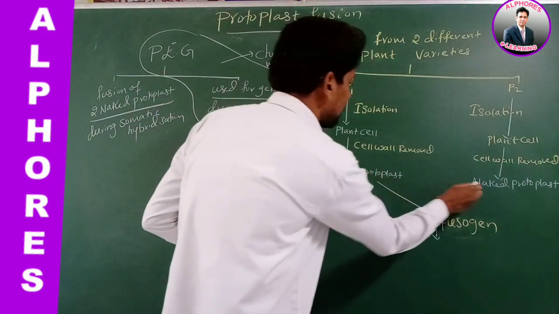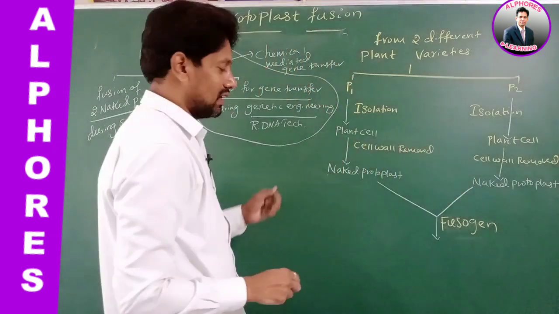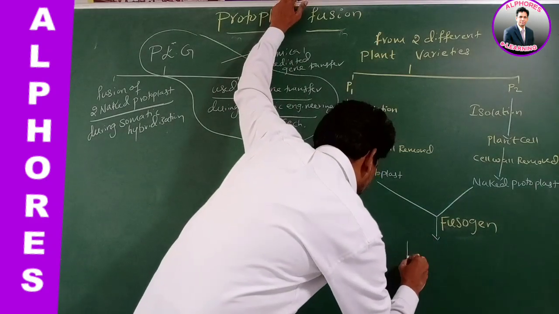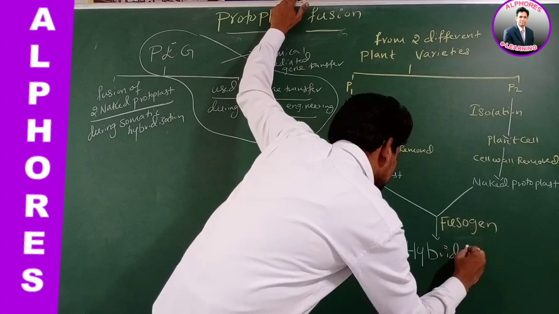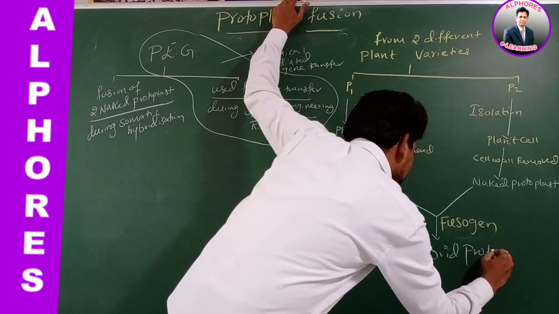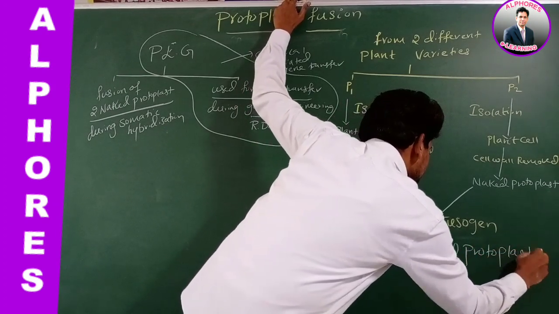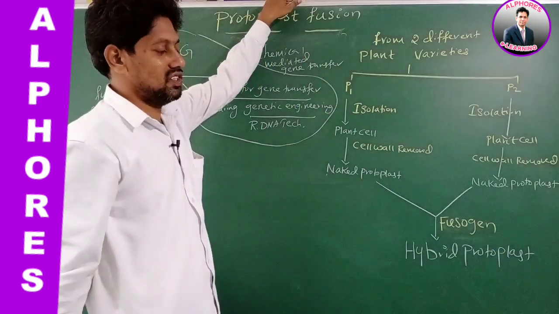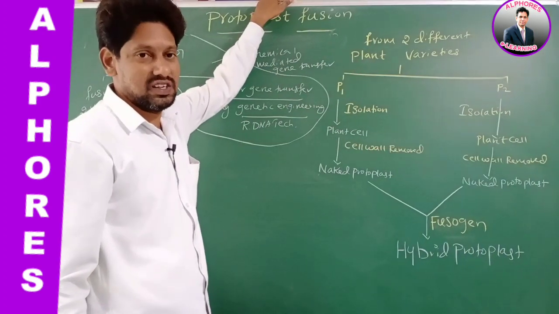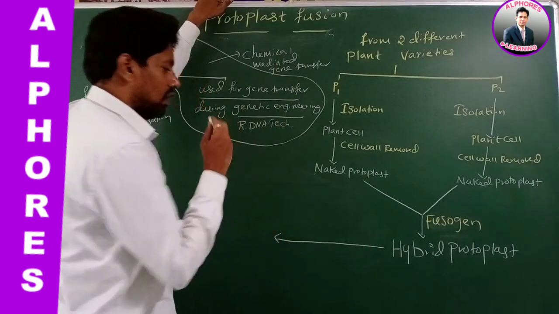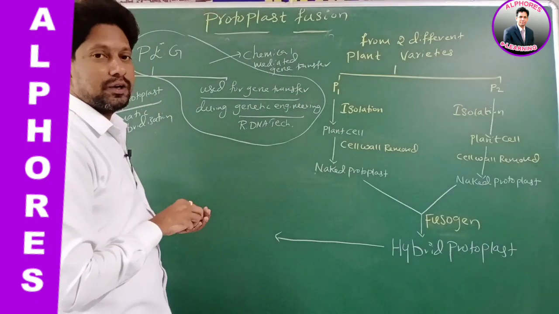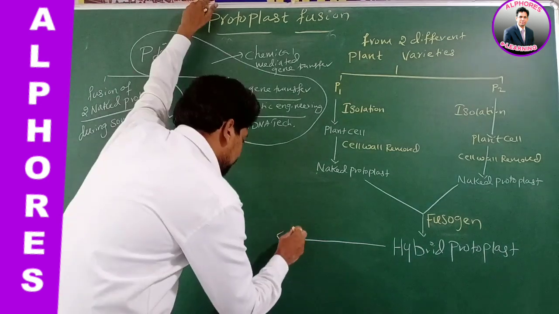When these two naked protoplasts fuse with one another, what is formed? Hybrid protoplast is obtained. Now what do we have to do? Culture this hybrid protoplast on nutrient medium.